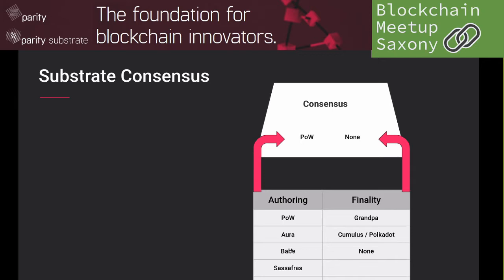And so Babe is what Polkadot and Kusama are using for their authoring mechanism, and they're using it in proof of stake mode. And then there's this new Sassafras one that we're talking about, which may eventually be part of Polkadot. And then there's manual seal, which is just a really simple authoring scheme. A better name for it would be free-for-all mode, where anybody can author a block anytime they want.